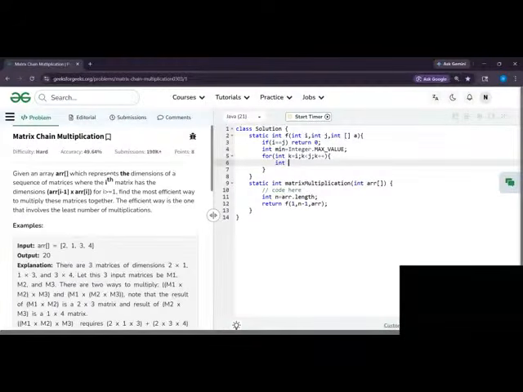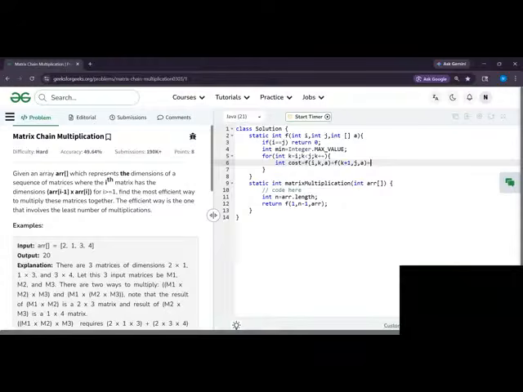To find the cost, we saw the formula: first we need to calculate the cost for the first partition, from I till k, and I am passing the a, and this one plus the cost that we need for the second partition, that is k plus 1 comma j, and I am passing the array that they have given, and plus, as I said, the calculations that need to be performed after getting the resultant value.